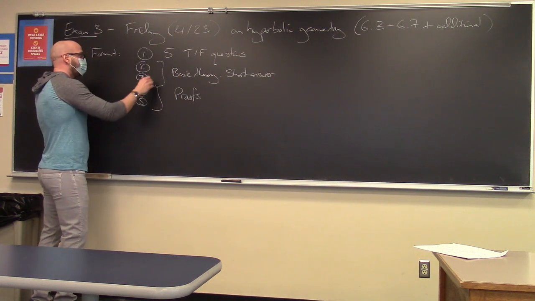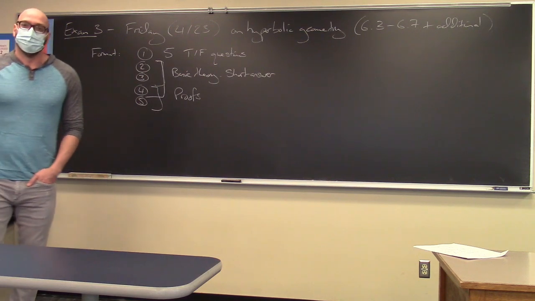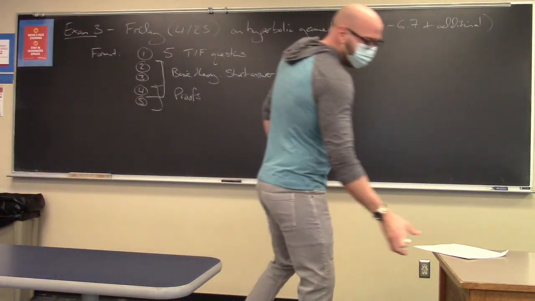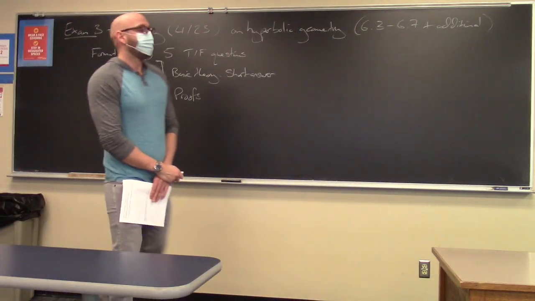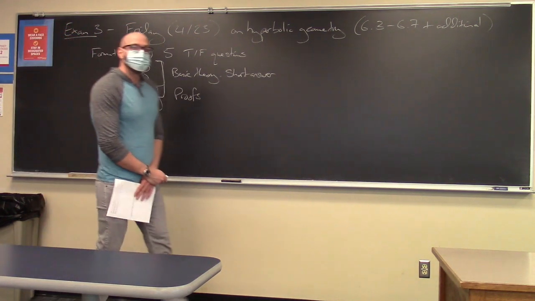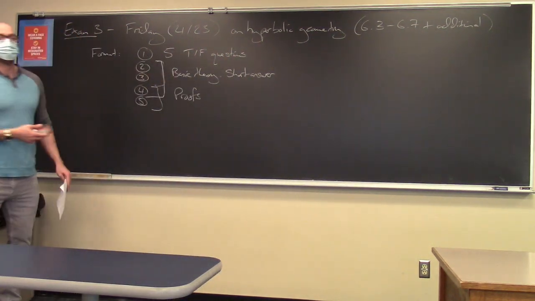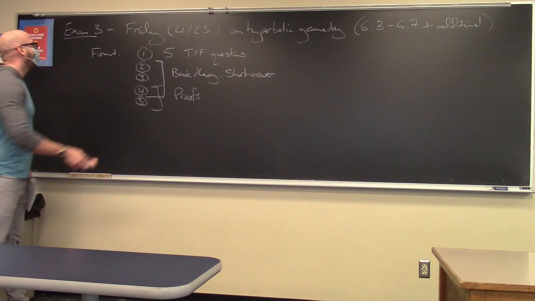It might well be the case that problems 2 through 4 end up being some short answer things, and there's only 1 proof, but we'll see. Any questions so far?